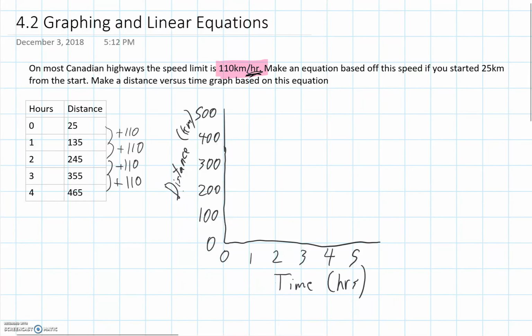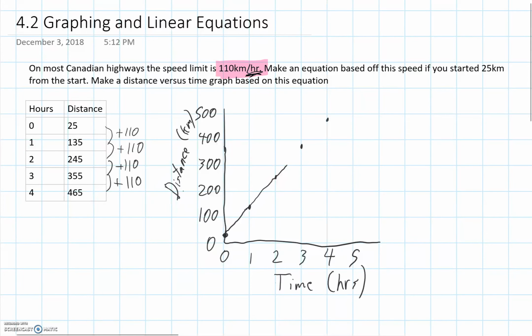Every hour I go an extra 110, but I start at the quarter mark, 25. So every hour I go an extra 110. So it goes roughly like this.